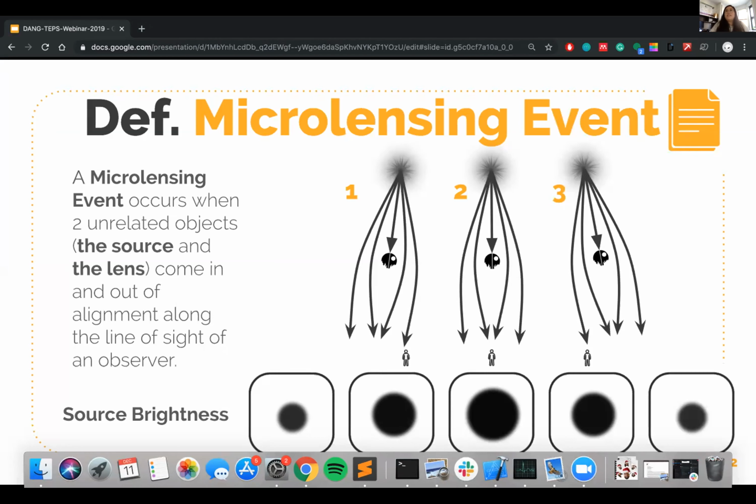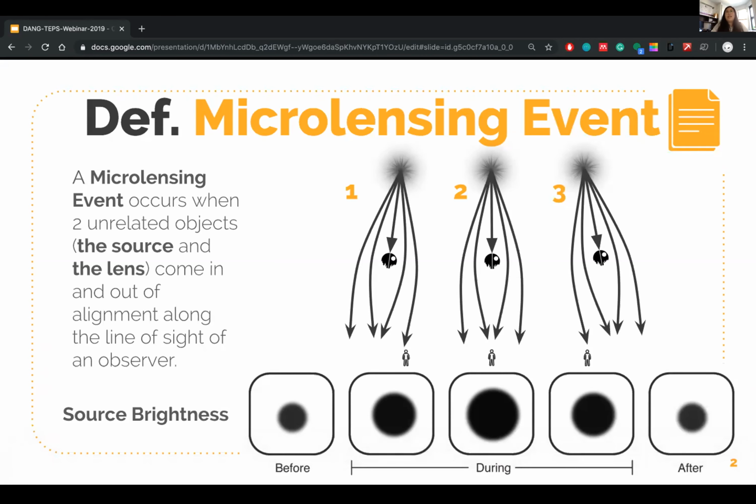So a microlensing event occurs when two unrelated objects, a background source and a foreground lens, come in and out of alignment along the line of sight of an observer, as illustrated on the right here. Because of general relativity, the lensing object will bend the trajectory of light coming from the background source towards the observer.